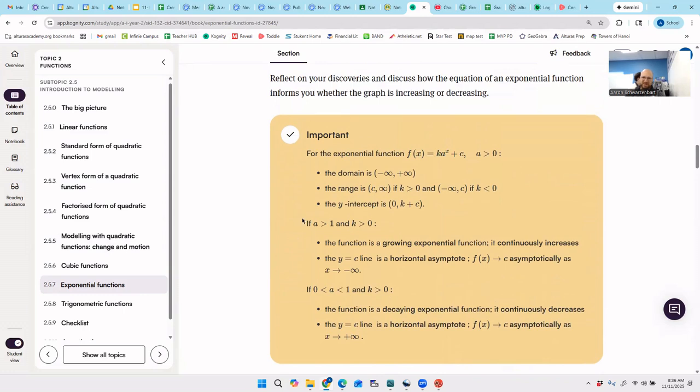Domain of exponentials is negative infinity to infinity. The range is whatever that lower asymptote is, which by default is 0, but if we add something like a plus c to the end, it becomes c. The y-intercept is whatever it's multiplied by plus the vertical shift.